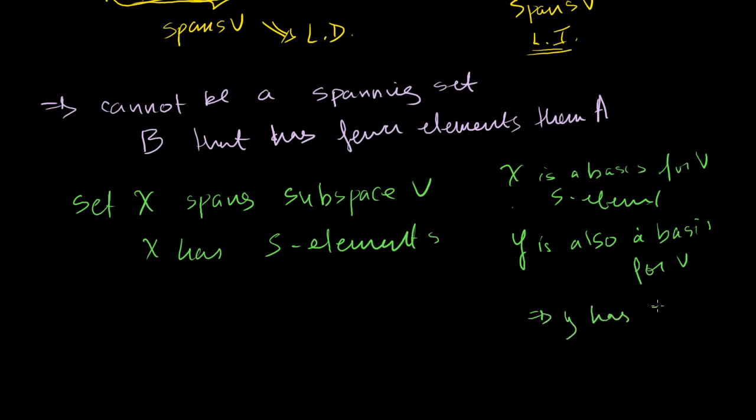How do I know that? Well, if Y is a basis, then that means that it spans V. And we know it can't have anything less than 5 elements.